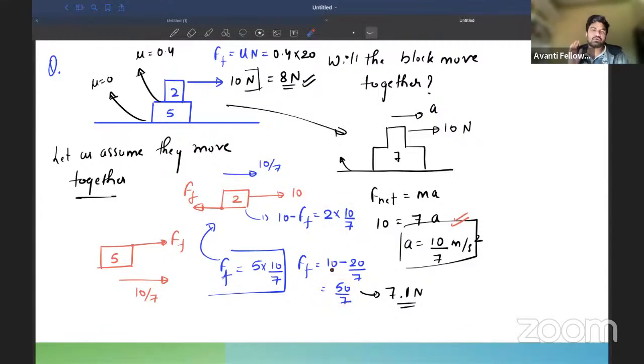So friction force should be equal to 50 by 7. Now we will check this friction force is possible or not. So I have checked here, and it came out to be that up to 8 newtons friction can be possible. So of course 7.1 will be easily possible, right? So our assumption was correct. So yes, answer is yes. Okay, so friction खत्म यहाँ पे.